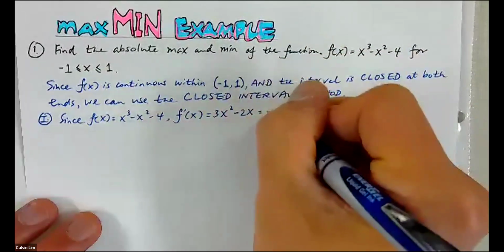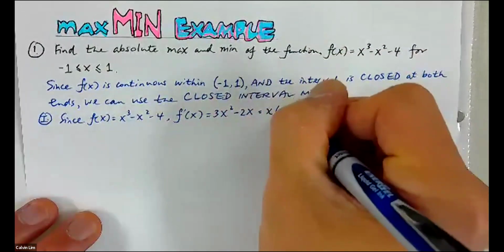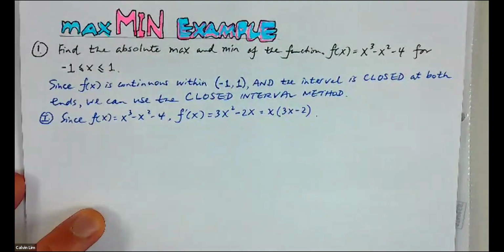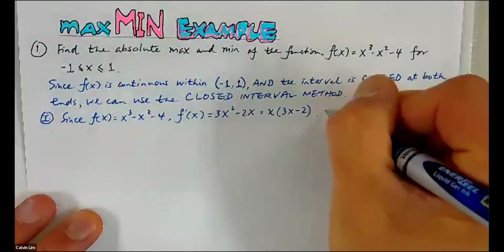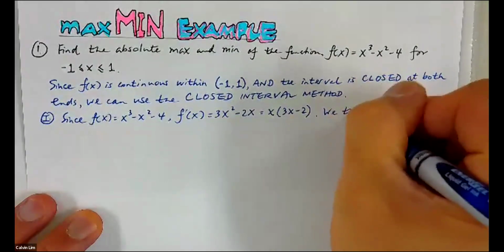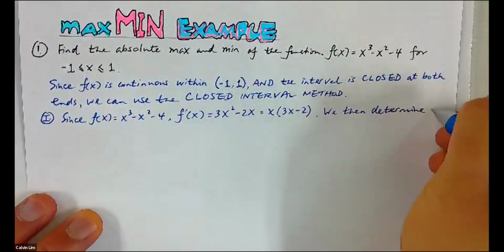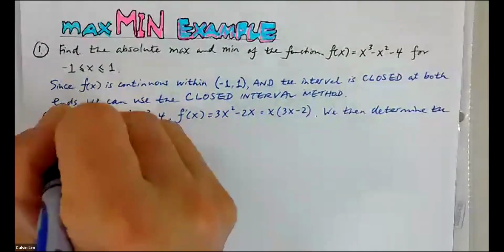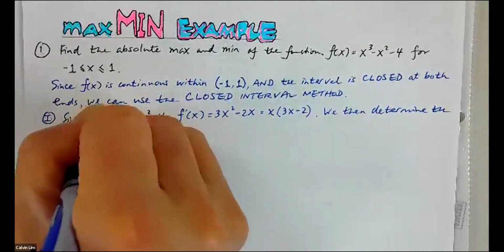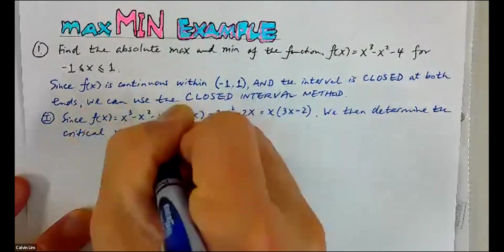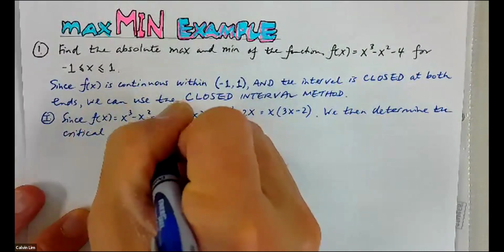In factored form, it's x times 3x minus 2. With that, we then determine the critical number, or numbers in this case.